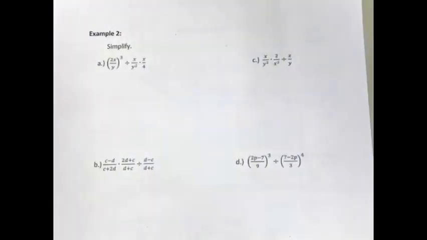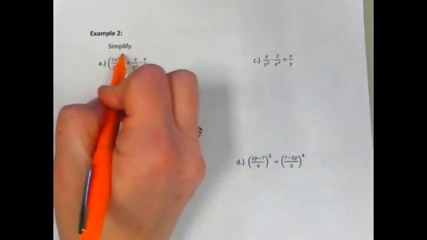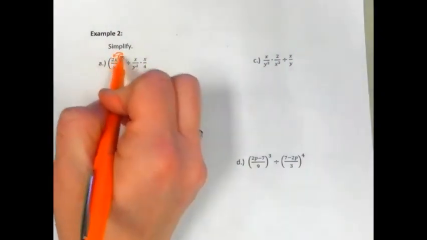All right. And then example 2, I'm throwing in multiplication and division problems here at the same time. Do you think we can do this? Oh, and raise to the power. I think we can. Okay, so let's first start with, let's get rid of our parentheses, right? Don't we always have to get rid of parentheses first? So let's go ahead and raise everything to that power.